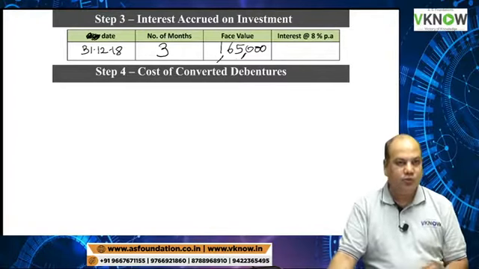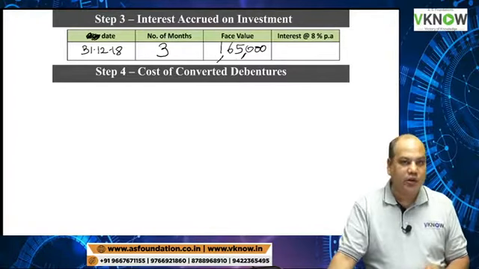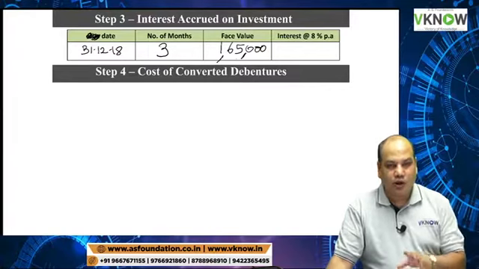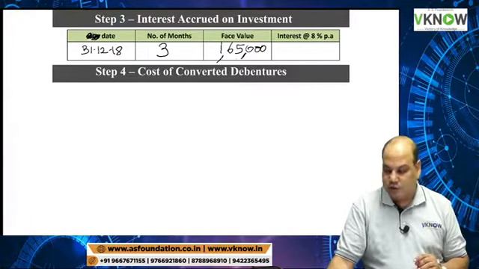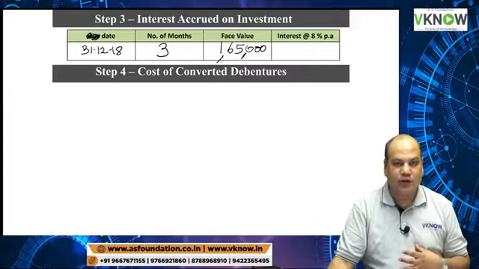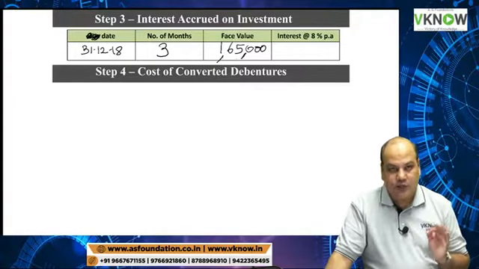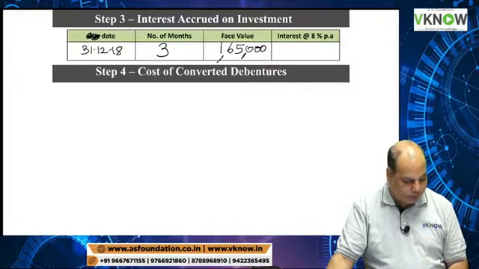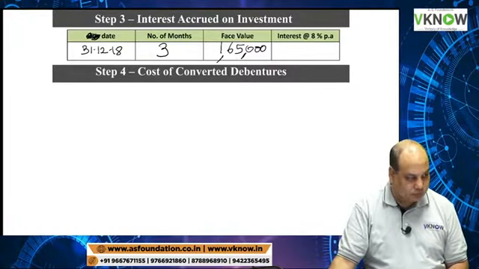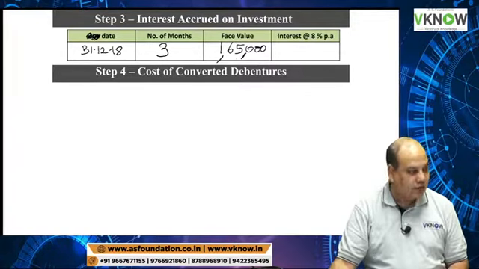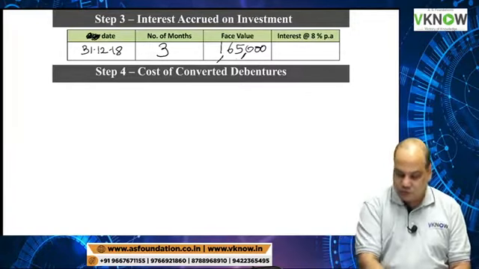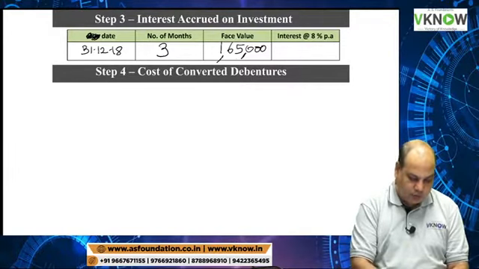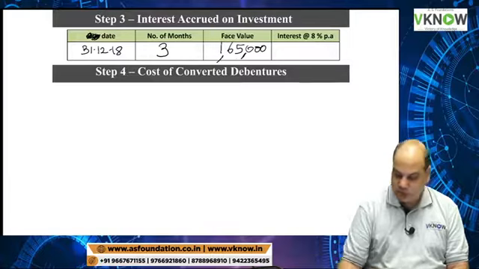2 lakh plus 1 lakh minus 80,000 sold and minus 55,000 converted. So now we have 1,65,000 at 8% for 3 months. How much is that? 1,65,000 into 8% for 3 months.